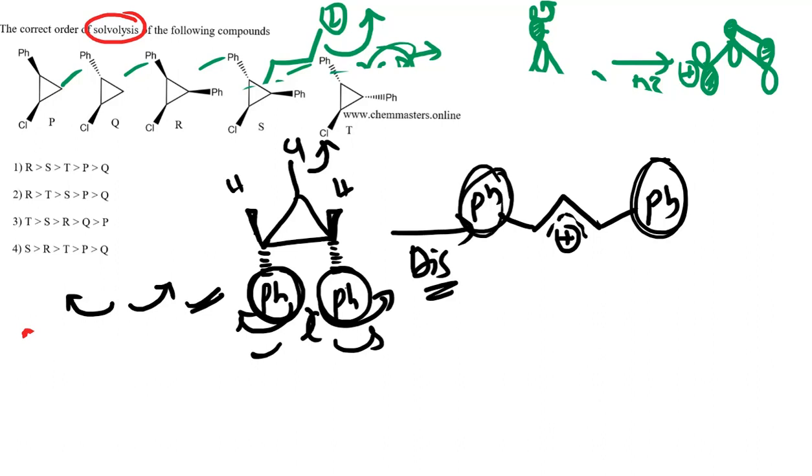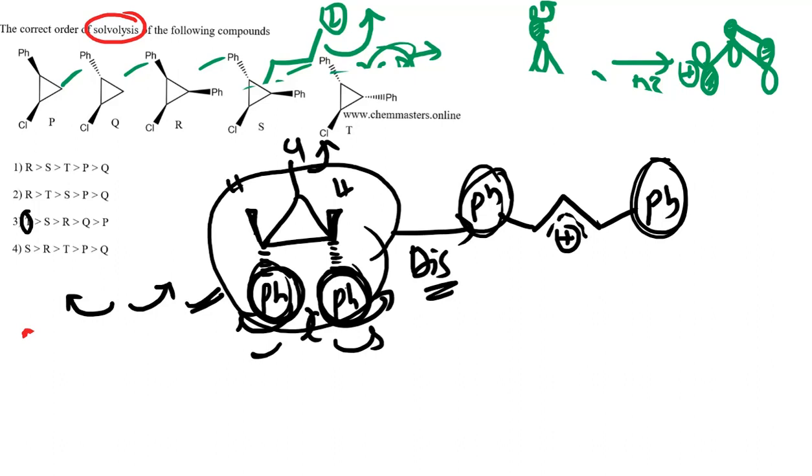So the highest rate of solvolysis is observed for this compound, to relieve strain from the bulky phenyl groups which are on the same side. So we can say T has the highest order of solvolysis among the given substituted cyclopropyl halides.